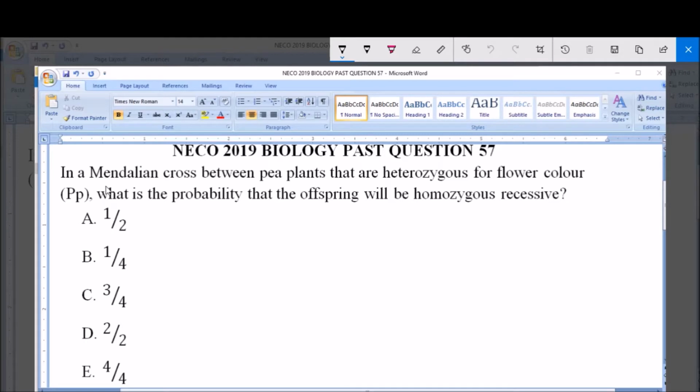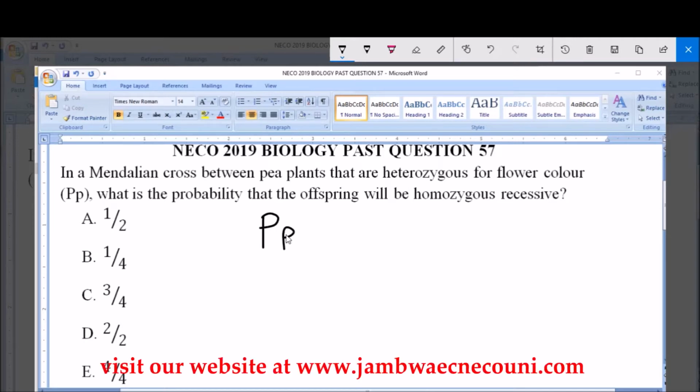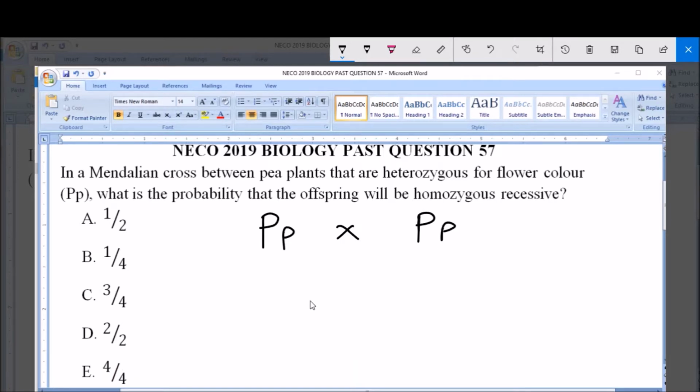Now, a Mendelian cross between pea plants that are heterozygous for flower color, Pp. So we have this first heterozygous plant crossed with the second heterozygous plant. By crossing these plants, for the first filial generation we'll have this.